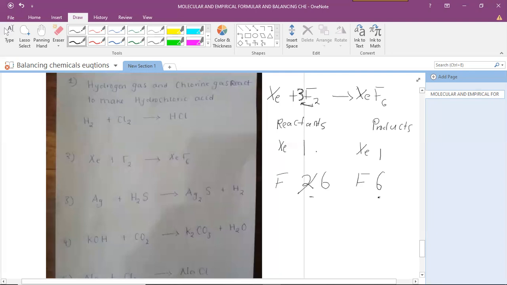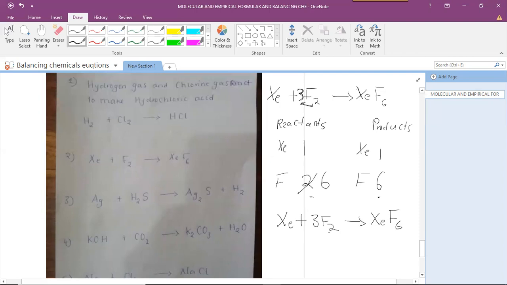So I've got one xenon there, six fluorines there. So the balanced chemical equation will be Xe plus 3F2 to give us XeF6. So this is balanced.